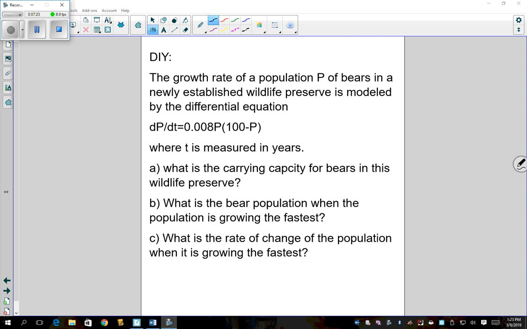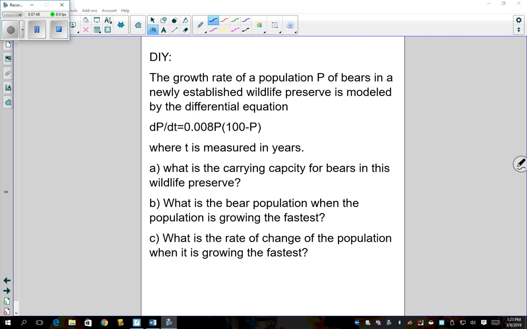So here's a DIY problem for you to try if you feel like it. I'm going to walk through the solutions a little bit more than I do on normal DIY problems. It gives me that the growth population P of bears in a newly established wildlife preserve is modeled by the differential equation dP/dt equals 0.008 P times (100 minus P), and t is years.